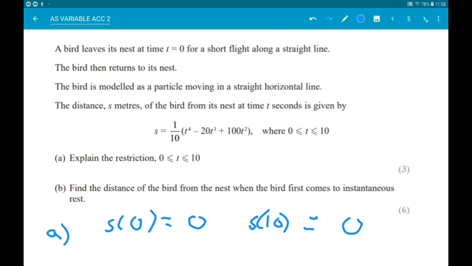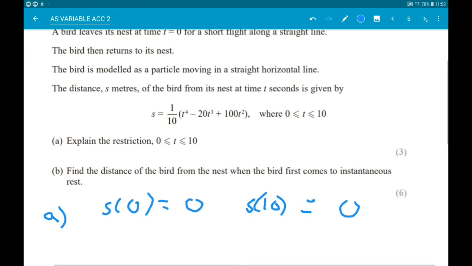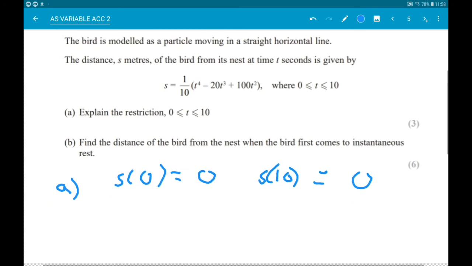Okay, so let's look at the displacement expression a bit more closely. So there's a common factor of t squared running through it.